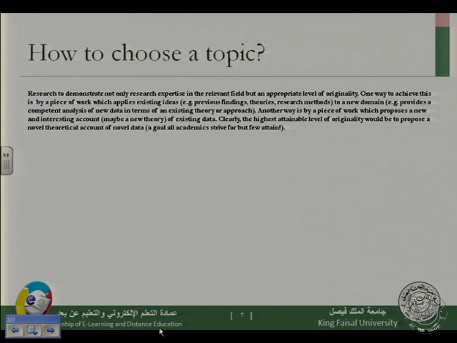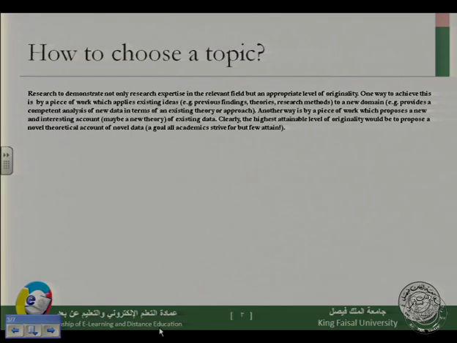So one way to find a topic is by going to previous research, previous theories. We have a theory. I'm sure that you have studied different theories. You have that theory, and you try to apply it to a new piece of research, to a new domain.